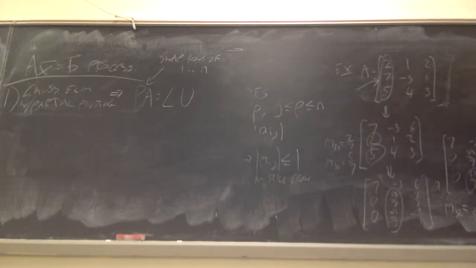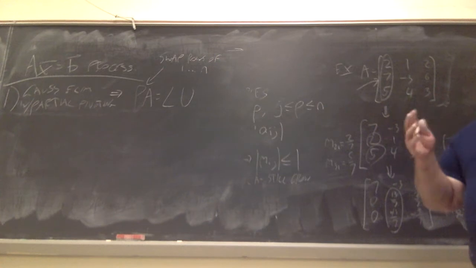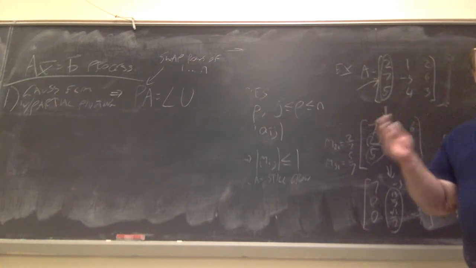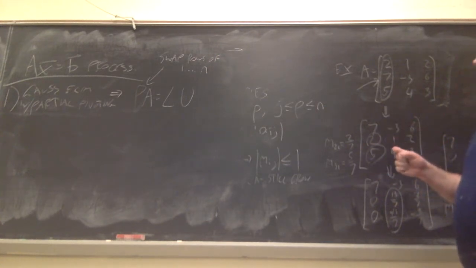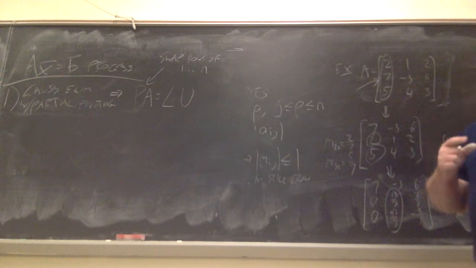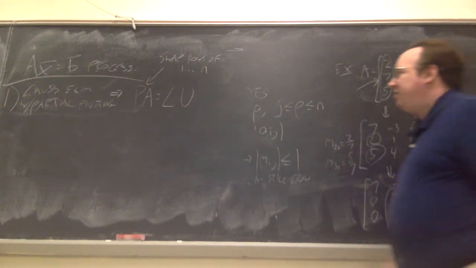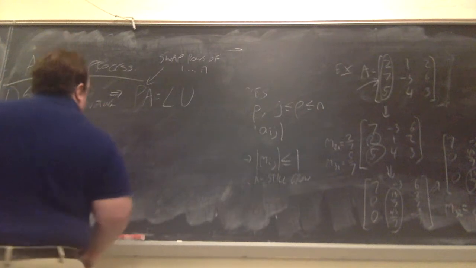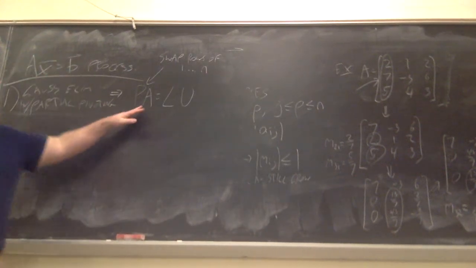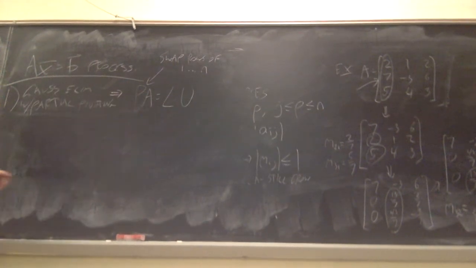I can talk more about the Matlab implementation of this on Thursday, but don't store the matrix P. That's a waste. Most of the entries are 0. So you can store a vector that indicates how the rows were rearranged. Then your A holds U in the upper triangle, and all the multipliers in the lower triangle, like before.